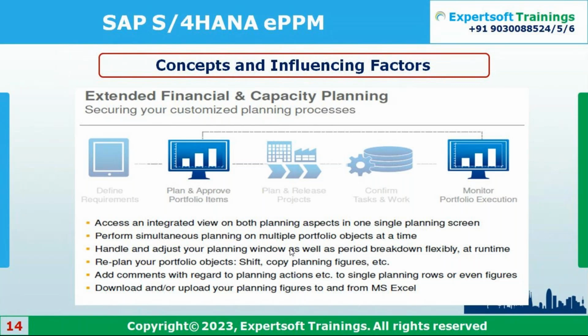If you want to integrate with any third party, you can do that with the ECP connector. And for these financial plannings, SAP has given you an Excel upload format also. You can directly upload the Excels based on your financial views.